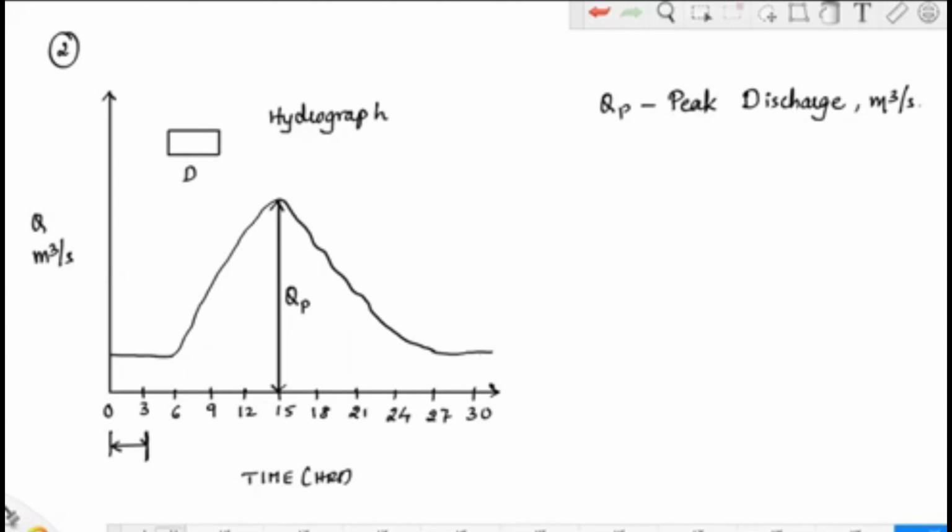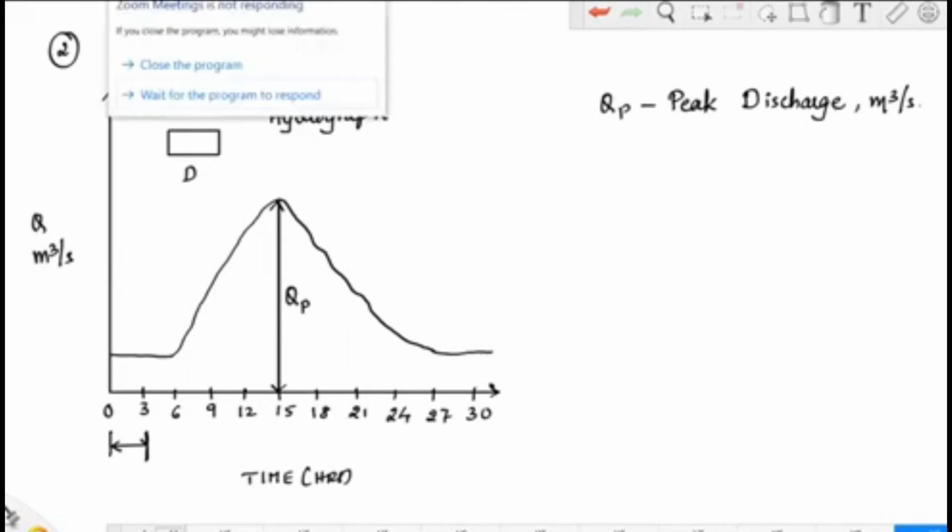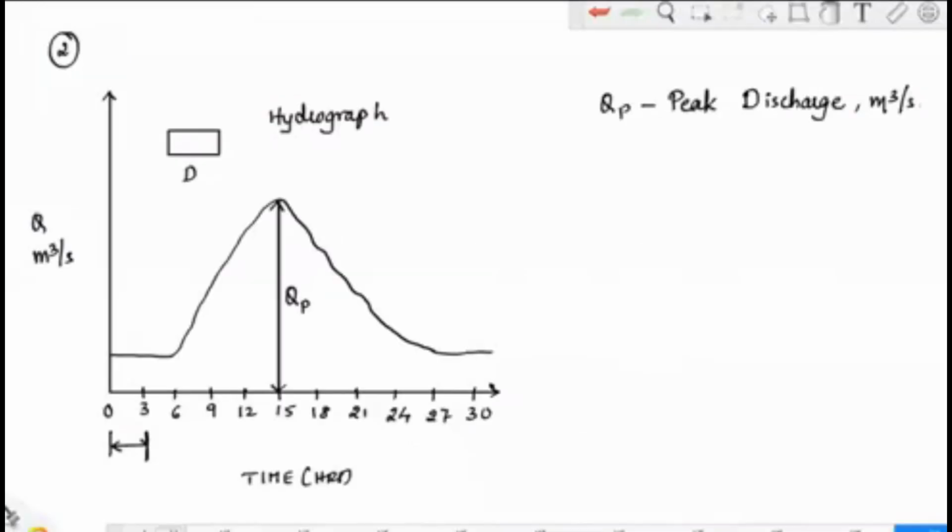Give me a moment, I am refreshing the page. Okay, now see, this is a time interval delta t.